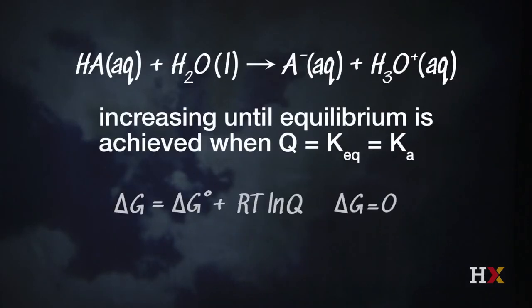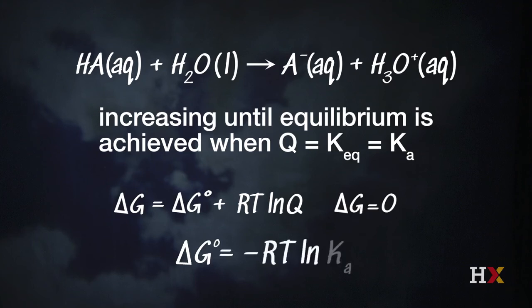So when delta G is equal to 0, we can plug the value for Q into our general expression for delta G under non-standard conditions and immediately deduce that delta G under standard conditions is equal to minus RT log K acid.